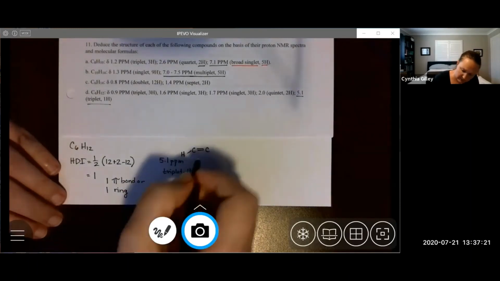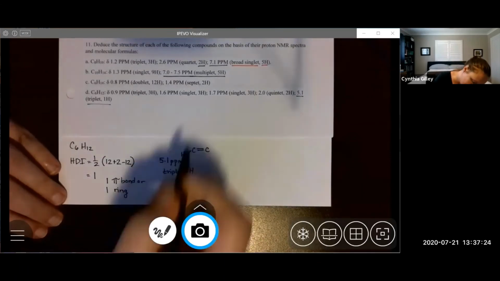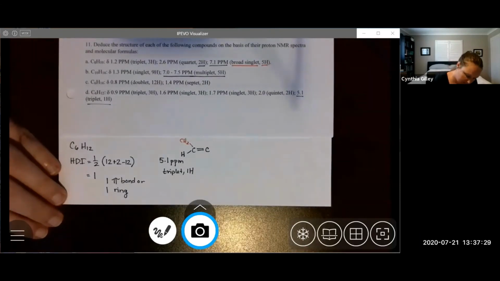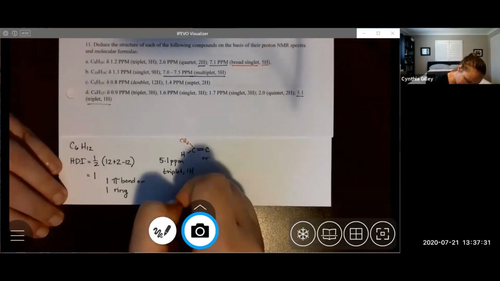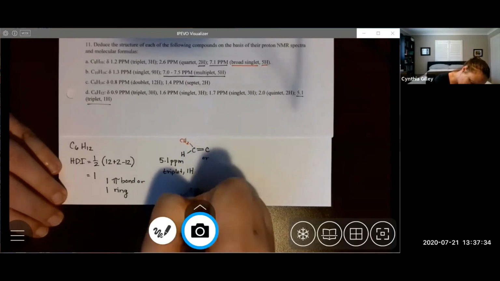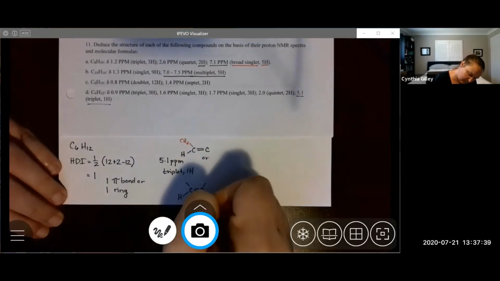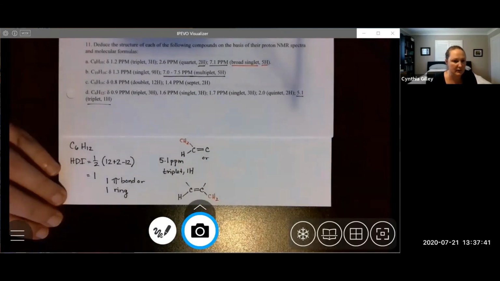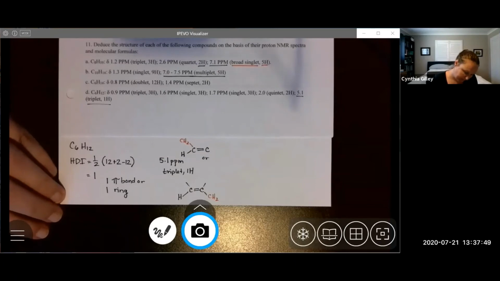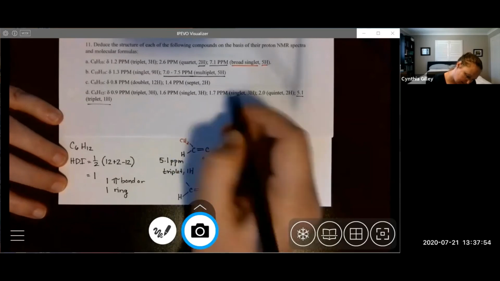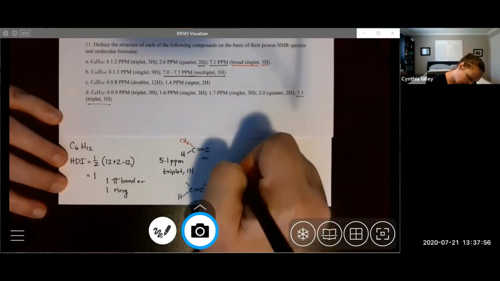So perhaps attached here, here, or here, it has 2 neighbors. So we might think about maybe it's got a CH2 here, right? Or perhaps there is a CH2 here. Okay, so one of those. Either way, that would make it a triplet. So kind of keeping that in mind, let's see what else we've got. The next signal is 1.7 ppm.